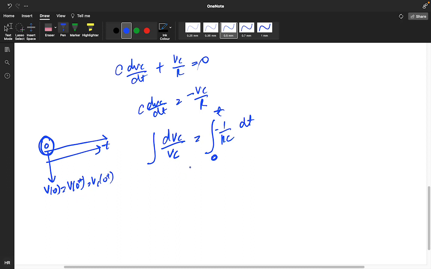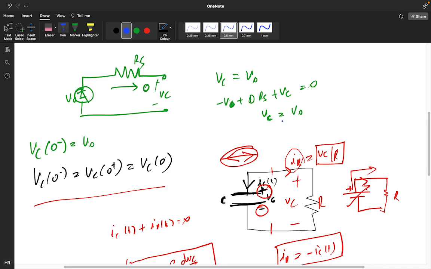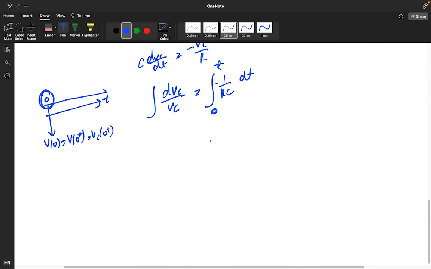That value we got, VC of 0 minus, is V naught. So this is my V naught, and at t we are considering VC of t, so that's why I am considering VC of t here.